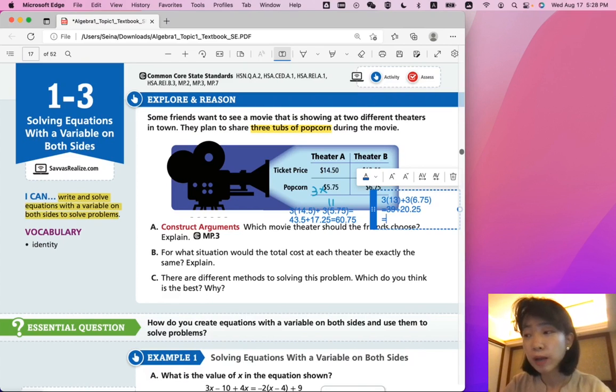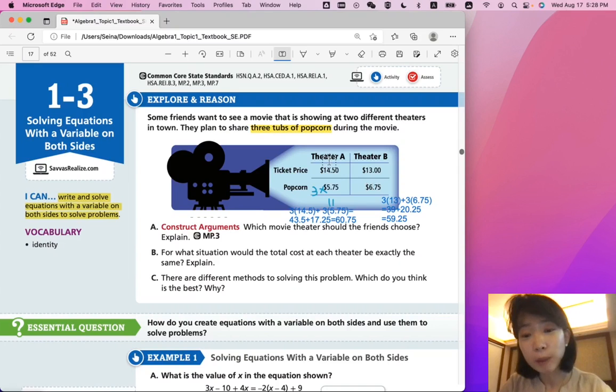And if you add those two, you will get 59.25. So total, theater A would be more expensive than theater B for them. So they should choose theater B.